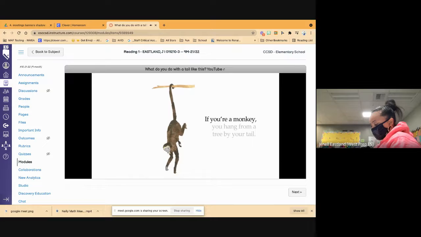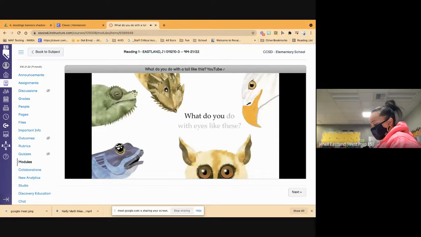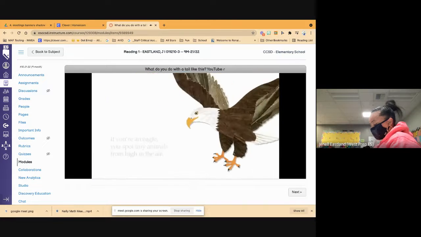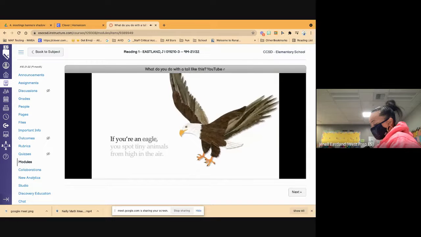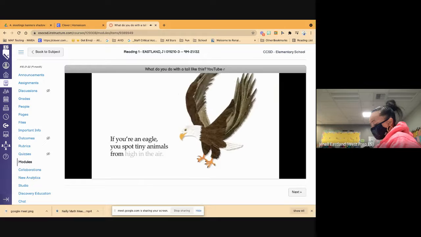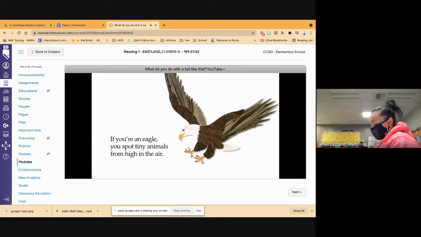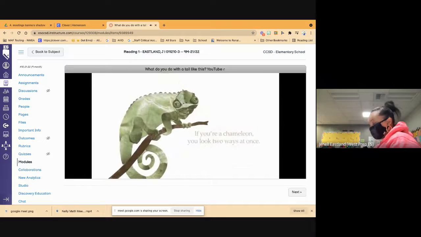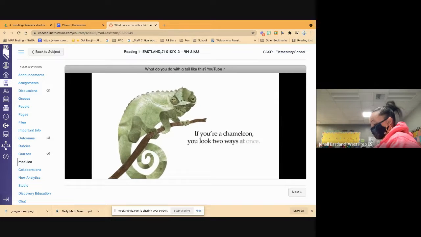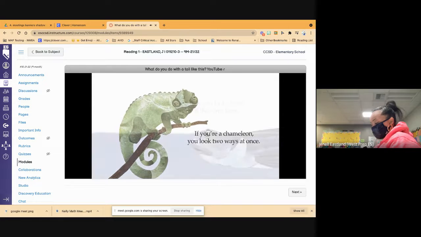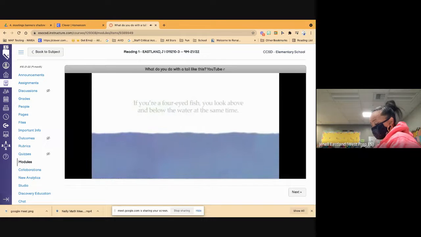If you're a monkey, you hang from a tree by your tail. What do you do with eyes like these? If you're an eagle, you spot tiny animals from high in the air. If you're a chameleon, you look two ways at once. If you're a four-eyed fish, you look above and below the water at the same time.